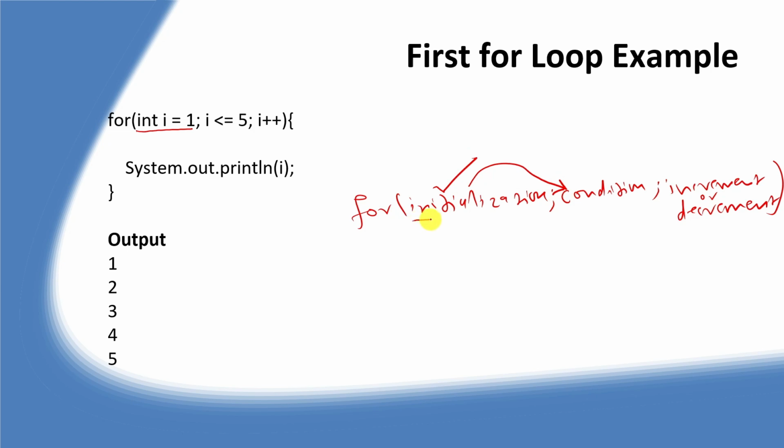So initialization will happen only once. Now you can forget the initialization. Only we have to play with condition, increment operator, and the body of the loop.